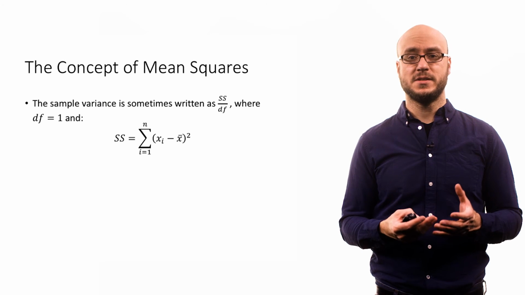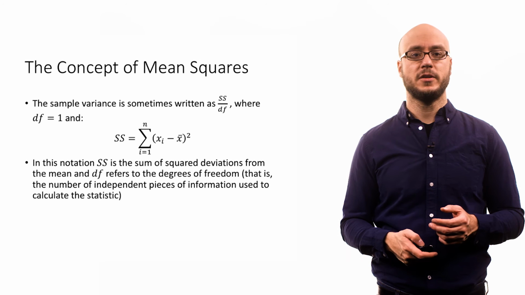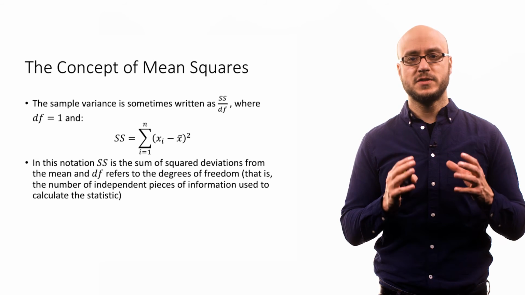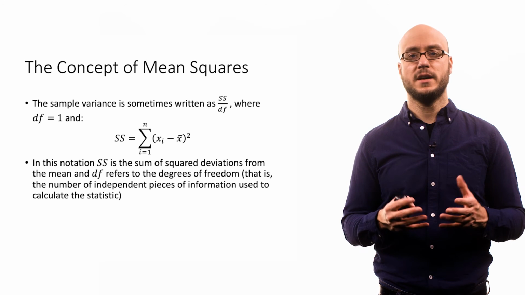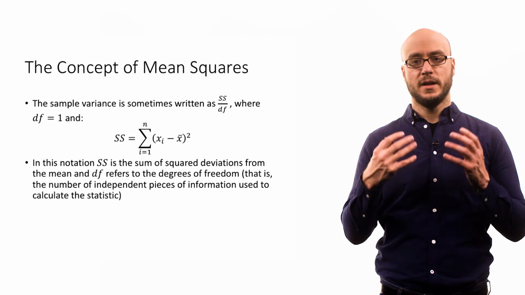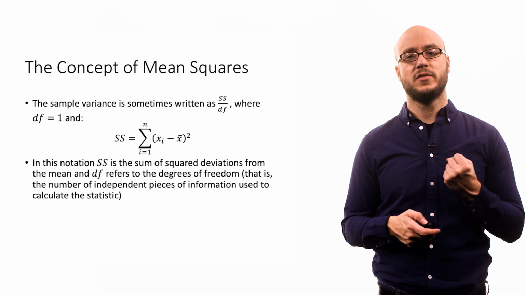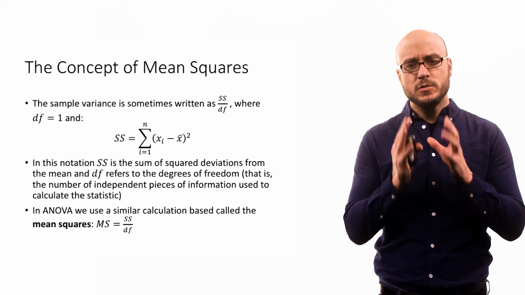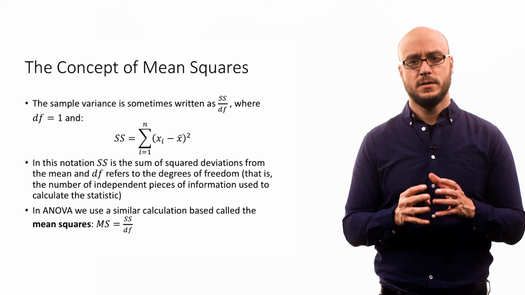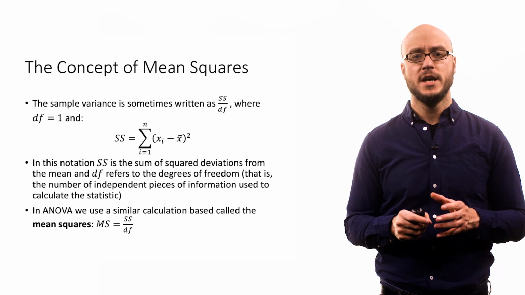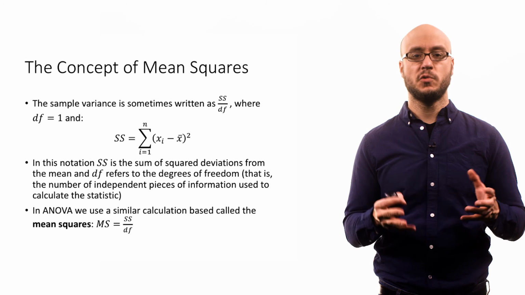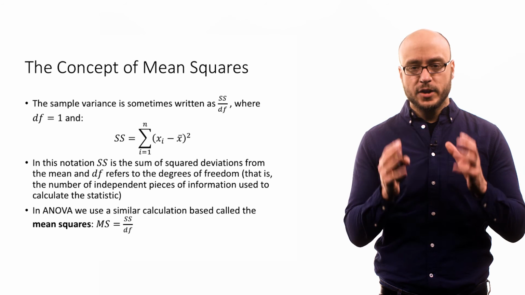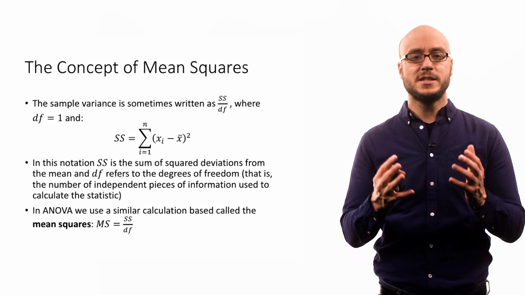So sample variance is sometimes called the sum of squares divided by the degrees of freedom. In this notation, SS is the sum of squared deviations from the mean, and DF refers to the degrees of freedom. That is the number of independent pieces of information used to calculate the sample statistic. When we calculate ANOVA, we're going to use a similar calculation, and this is called the mean square, which is simply the sum of squares divided by the degrees of freedom. In ANOVA, mean square has a more general meaning.